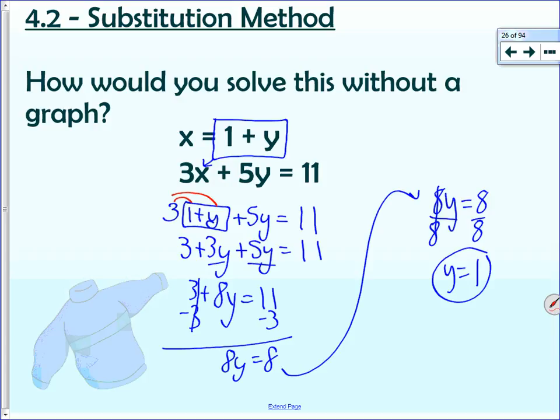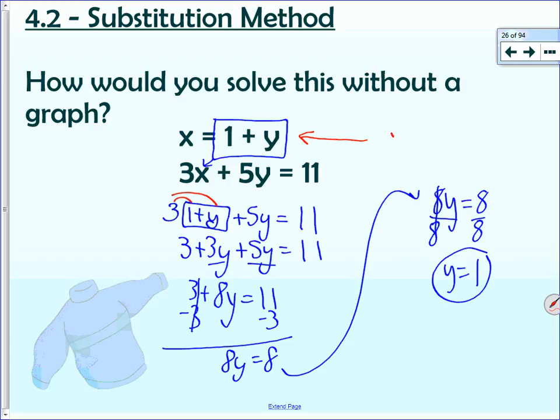Now that you know what y equals, you can substitute that in to either equation and solve for the other variable. Now I'm going to use the equation that I have denoted up here, because x is already by itself. And x is what I need to know to finish the process of solving, because to solve a system, you need the ordered pair. You need the x and the y values.